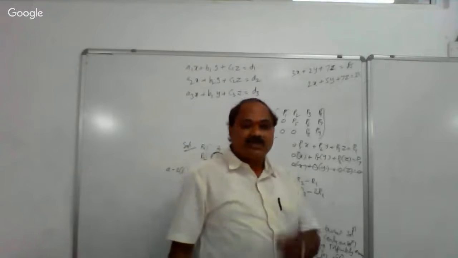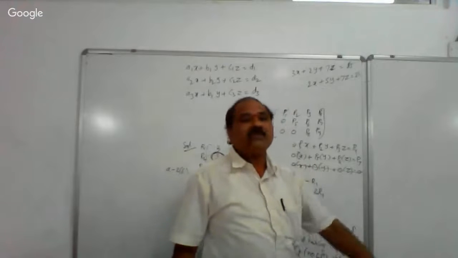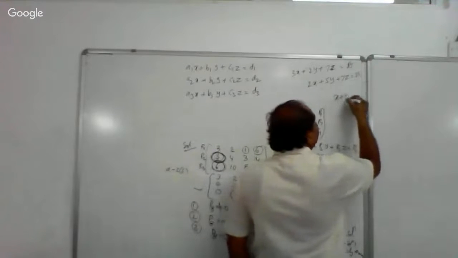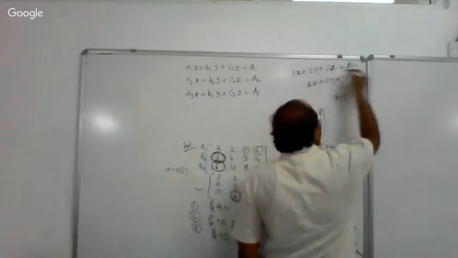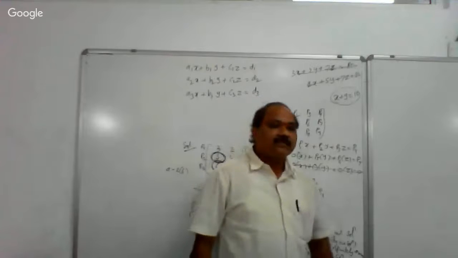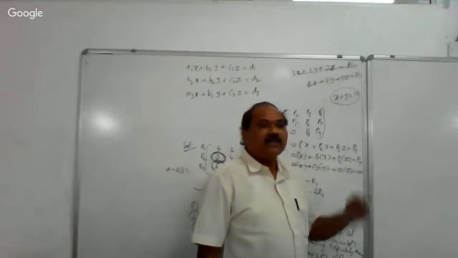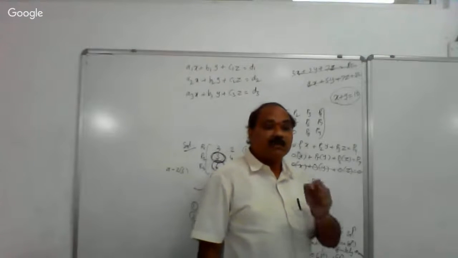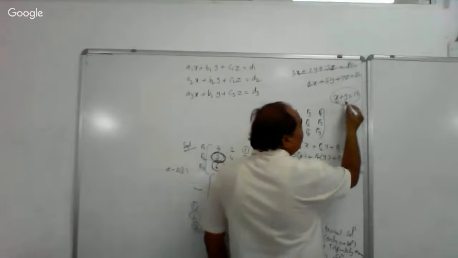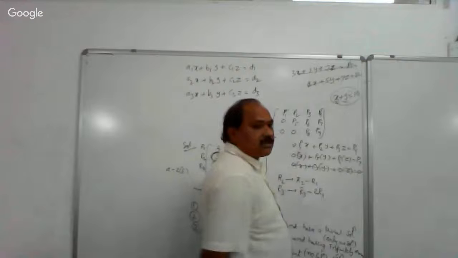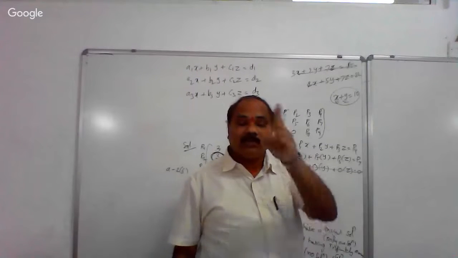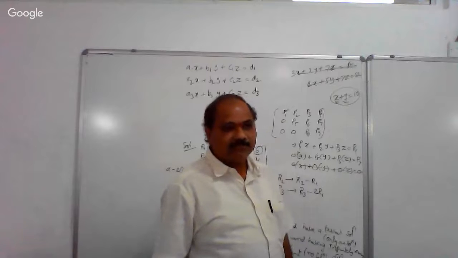Why? Because to get three unknowns, we require three equations, first and foremost. For example, x plus y equal to 10. Here we have two variables, find x and y. Not possible for a unique value. Here we have two unknowns, so to get two unknowns, we require at least two equations.